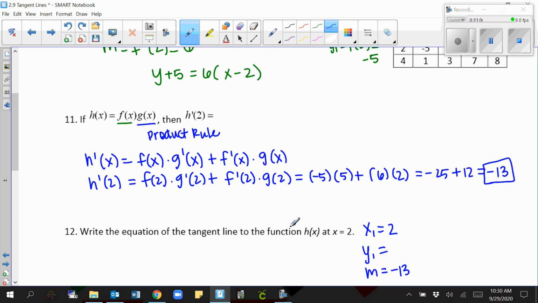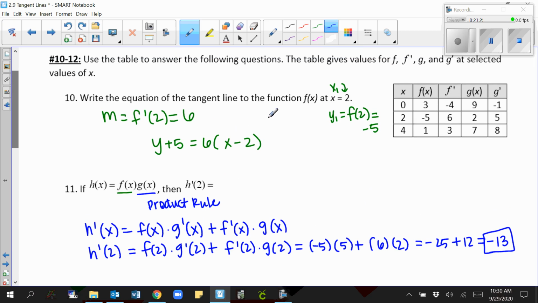So to find my y1, I'm going to remember that h of x is f of x times g of x. So h of 2 is just equal to f of 2 times g of 2. Well, looking at my table, f of 2 is -5, g of 2 is 2.